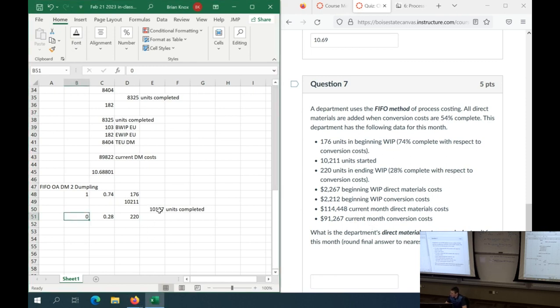Okay, so now we have our units completed, and we can figure out, this is what I want to do, I'll copy this over. I want units completed.